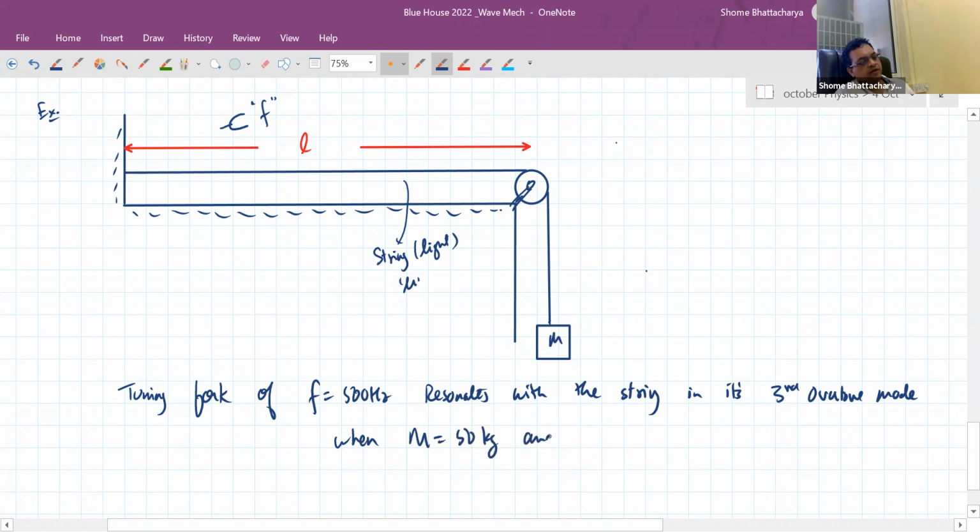Okay. And so let's say just this information is given to us. M is equal to 50 kilograms.